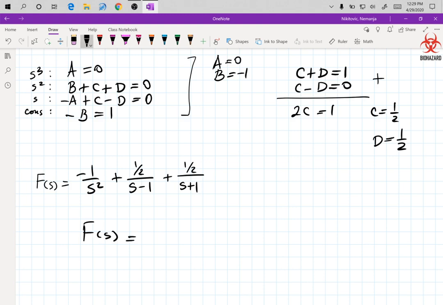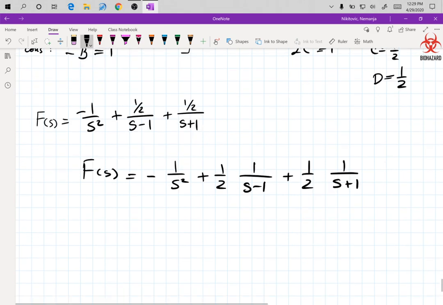So F of s is equal to negative 1 over s squared plus 1/2 times 1 over s minus 1 plus 1/2 times 1 over s plus 1. This is my setup for inverse Laplace.